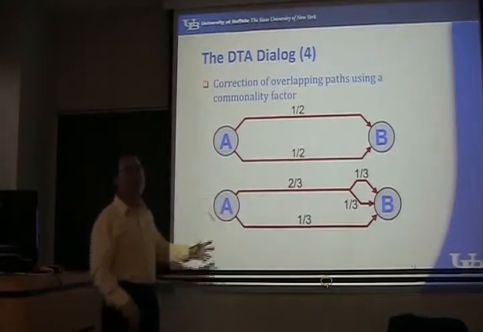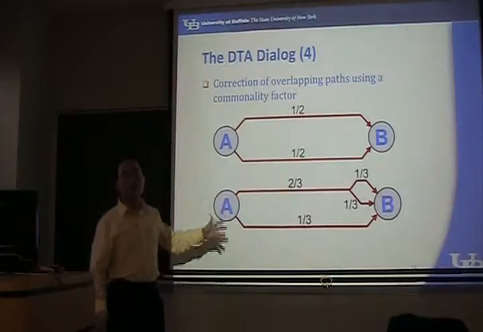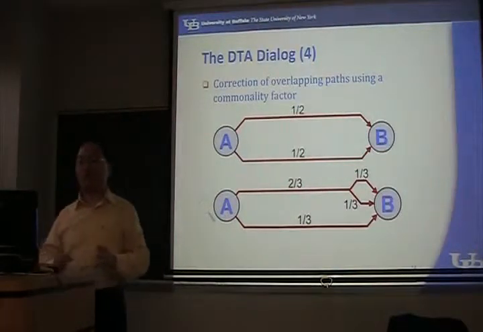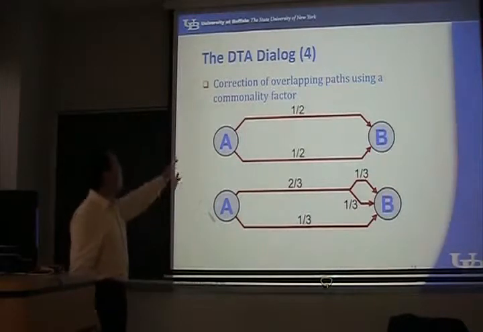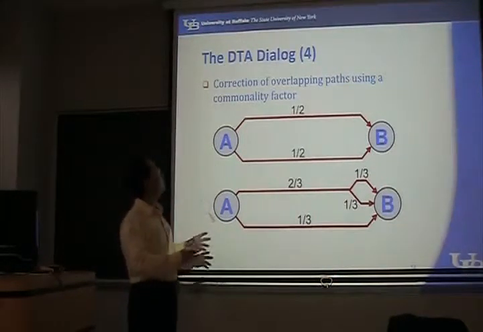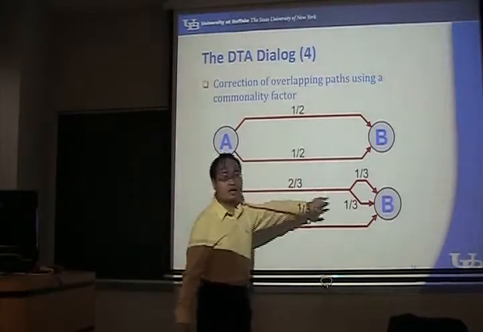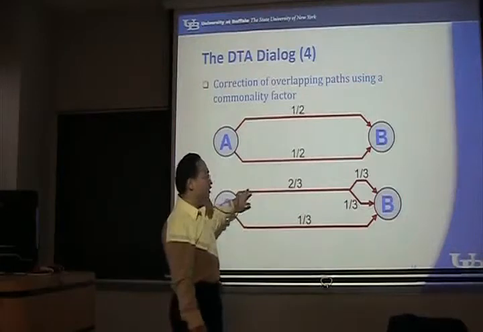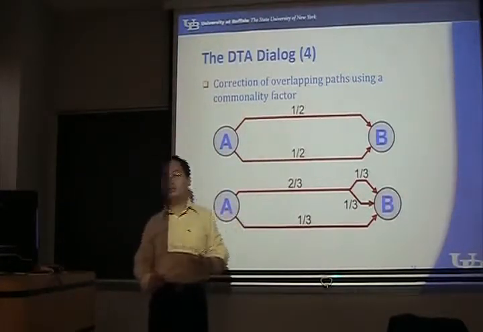In Vsim, sometimes this problem can be solved by using a function called correction of overlapping path. The logic behind that is that they are using a commonality factor. So if these 2 paths have a lot of links or edges in common, you will be given less weight.